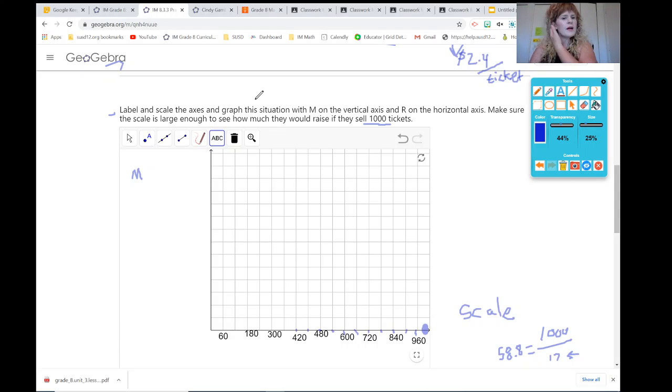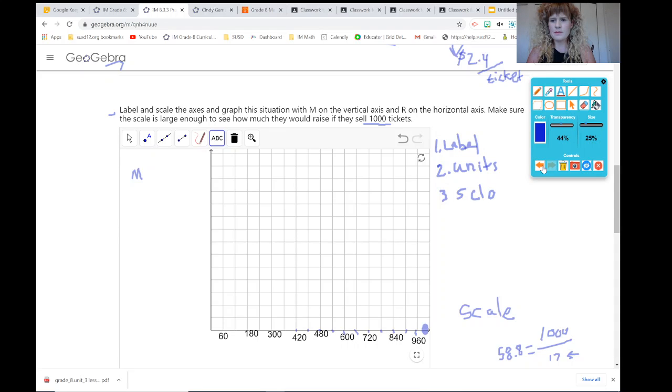Okay, on your graph, you need to label your axes. You need to tell me the units, like number of tickets or dollars. And I want you to draw your scale on the x-axis. Let's forget about the scale on the y-axis.